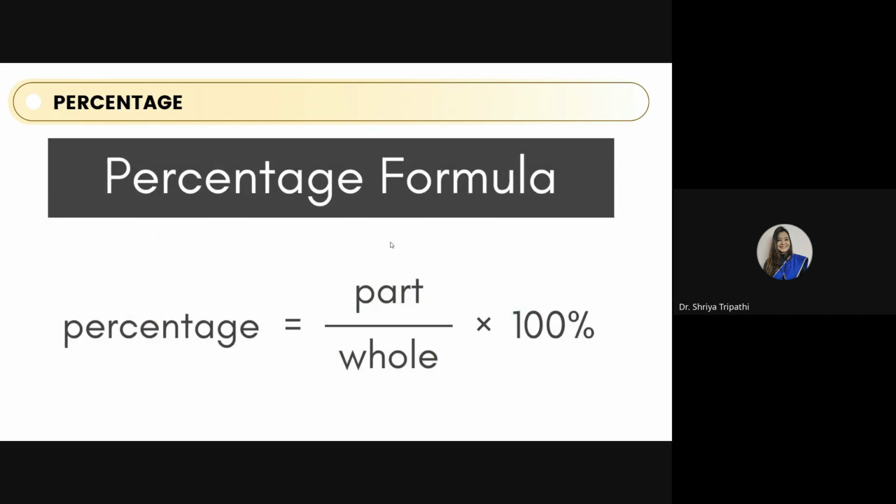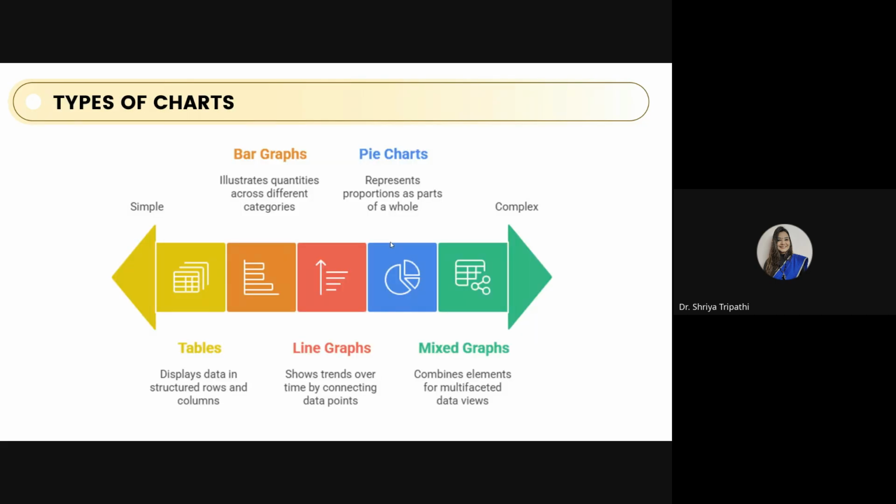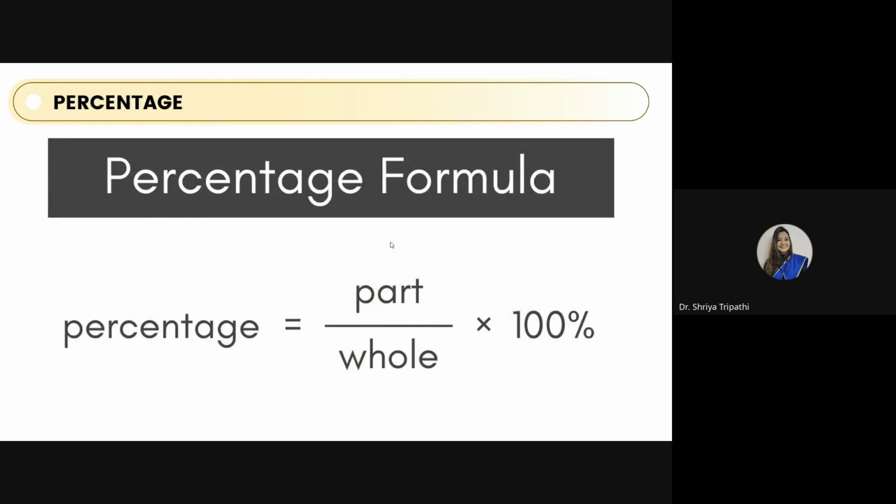Now, whenever we say percentage, there's a part of it. For example, as I just gave an example, 50% of pizza, or when we discuss this pie chart, 50% of the population, or in my society, 60% of the women. So 60 divided by 100 into 100%. We try to find what that part is.